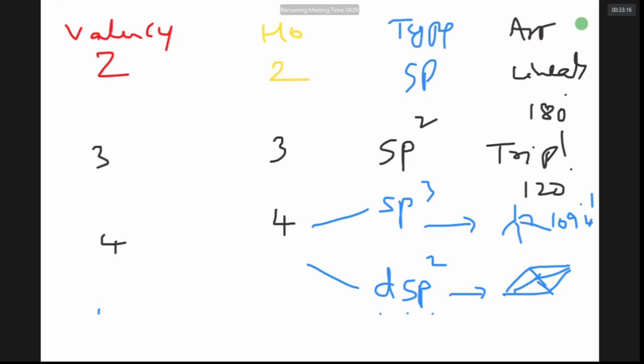If the atom valency is 5, it offers 5 hybrid orbitals. They are called dsp3. It may use 3d, 4s, 4p orbitals, or it may use 4s, 4p, 4d orbitals. The dsp3 orbitals are like trigonal bipyramid.